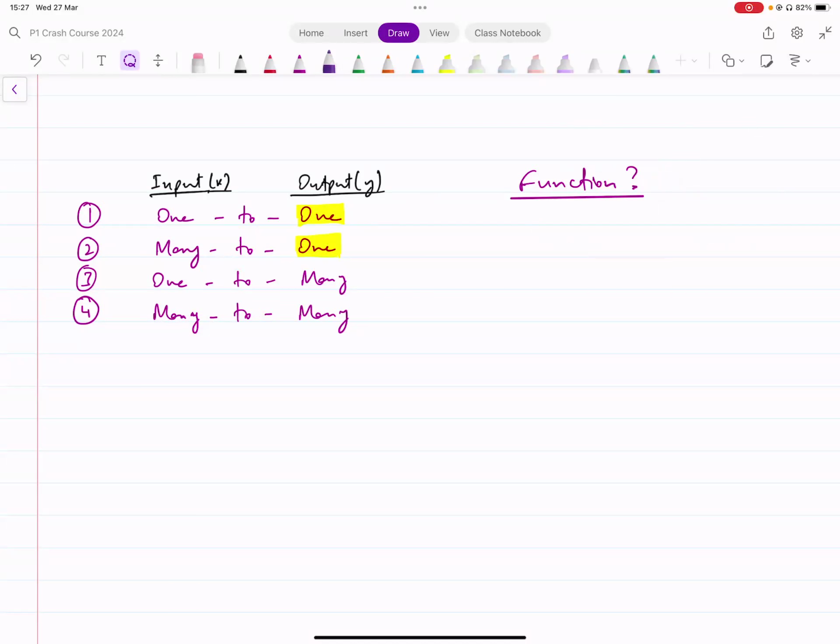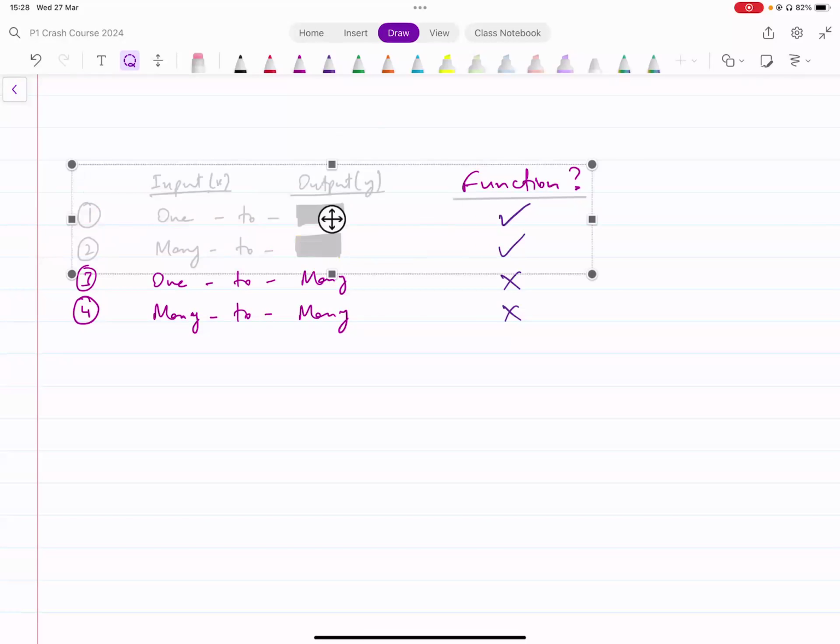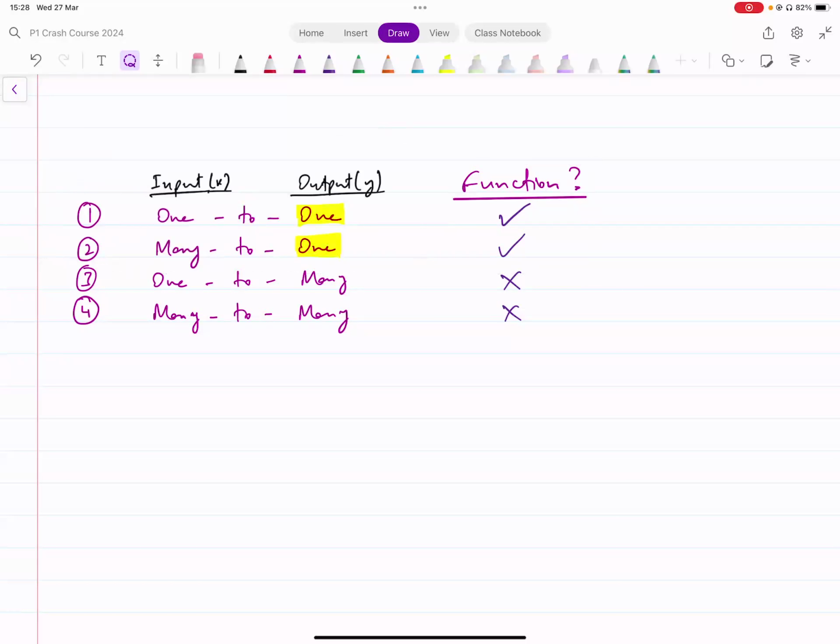What that means is one-to-one relations are functions, many-to-one relations are functions, but one-to-many and many-to-many are not functions. So we will only be dealing with these first 2 types here, not the 3rd and 4th types, because we're doing the functions topic right now. Since one-to-one and many-to-one are the only relations that are functions, we will only stick to those 2 types.